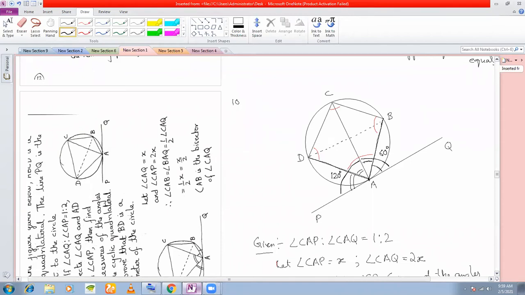That means if AB bisects this 60 degree angle, this is 30 degrees and this is 30 degrees. Let me just write it fair. This is 30, this is 30, this is 60, this is 60.